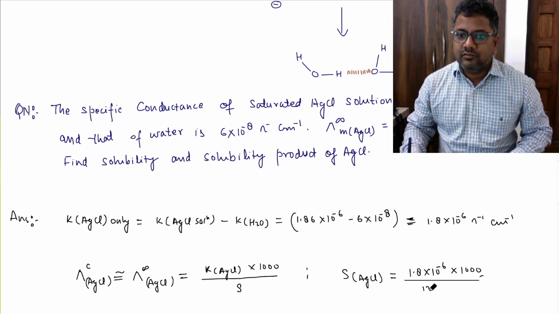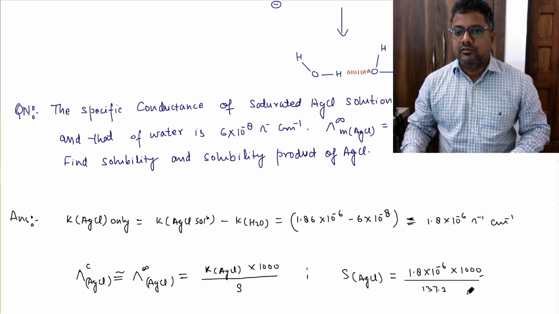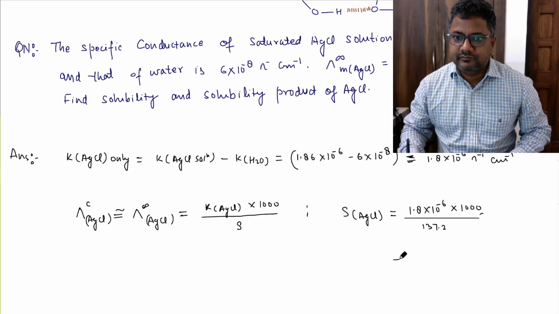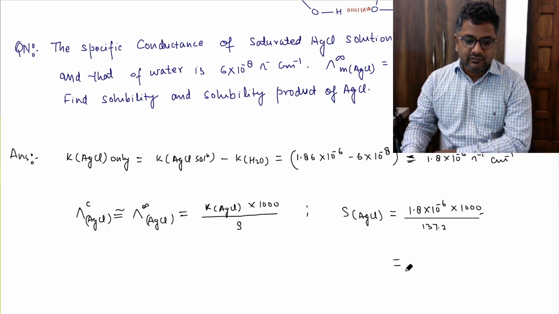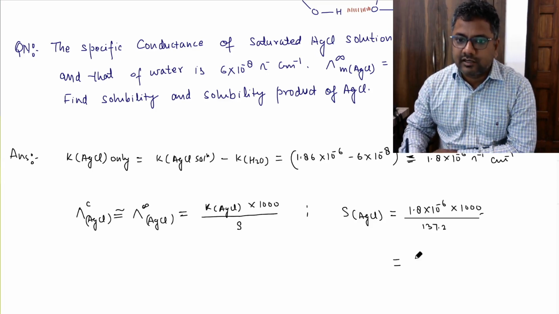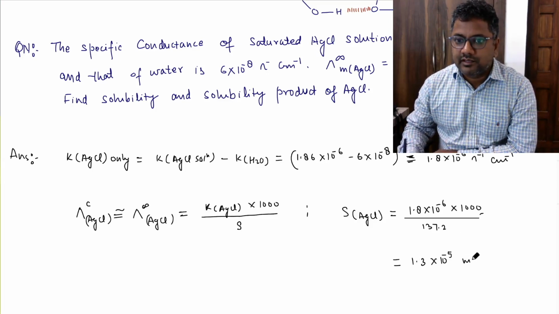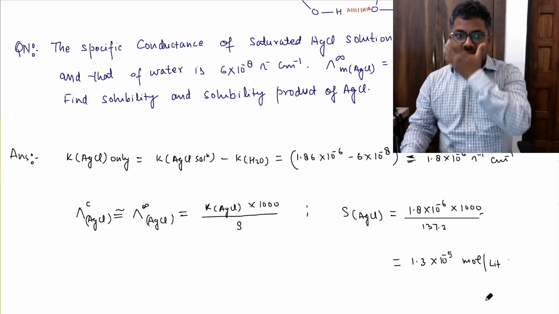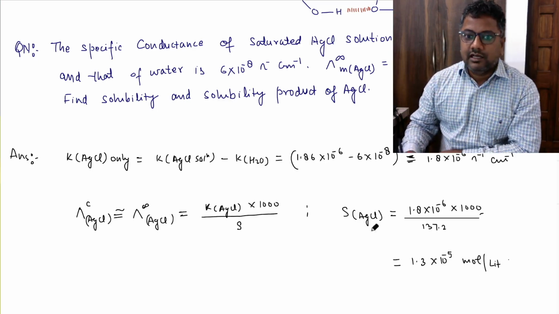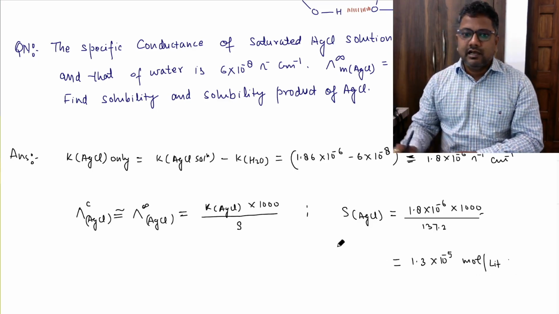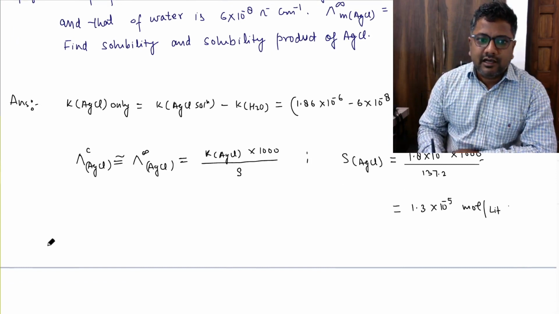So you will get 1.3 into 10 to the power minus 5 moles per liter. So we have calculated the solubility of AgCl.